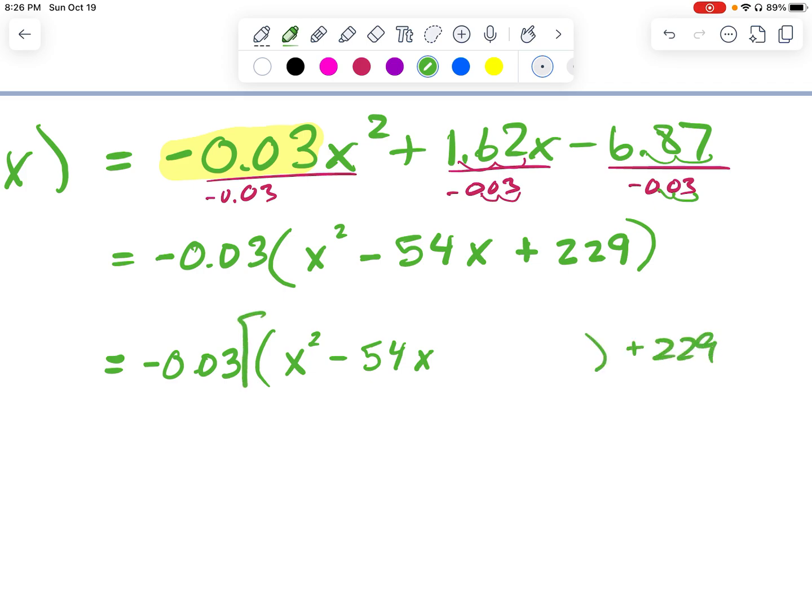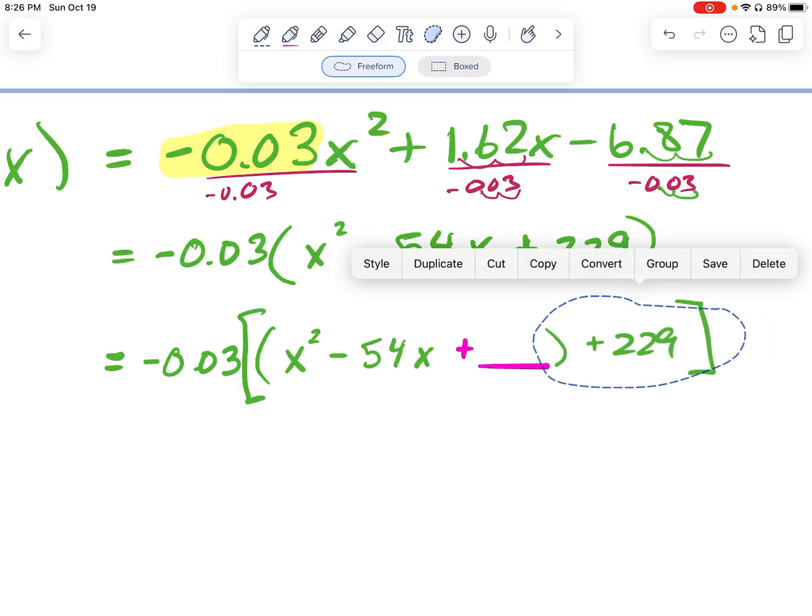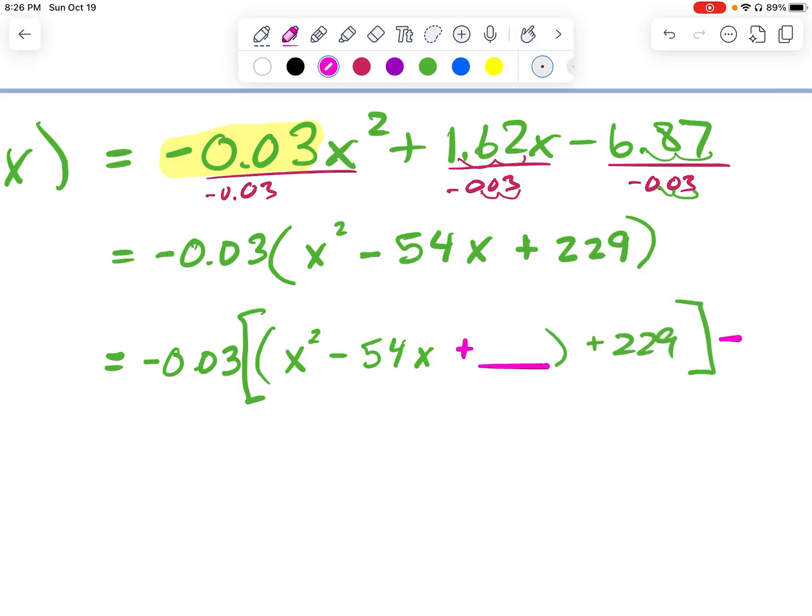I have a bracket around all of that because that negative 0.03 is in front of everything. And whatever I add here, I'm going to subtract, actually inside the bracket. Everything's inside that bracket. Subtract here.